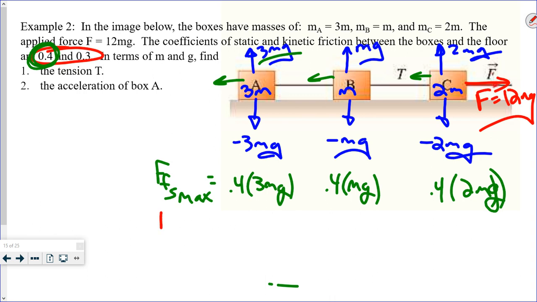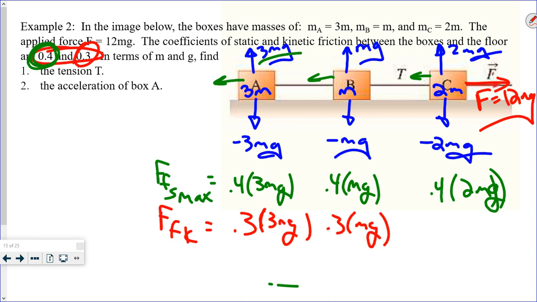Let's do our kinetic friction. Our coefficient is 0.3, so it's 0.3 times 3mg, 0.3 times mg, and 0.3 times 2mg. We're going to need these individual forces because we have to look at box C again.